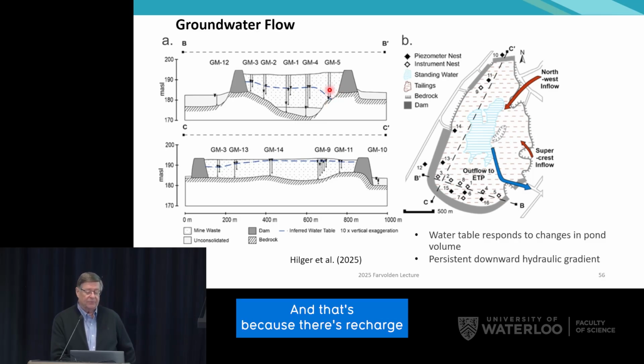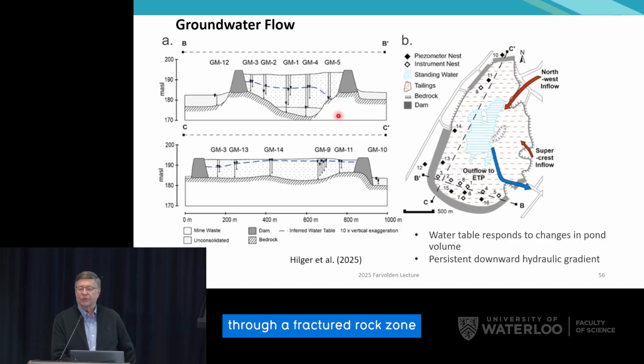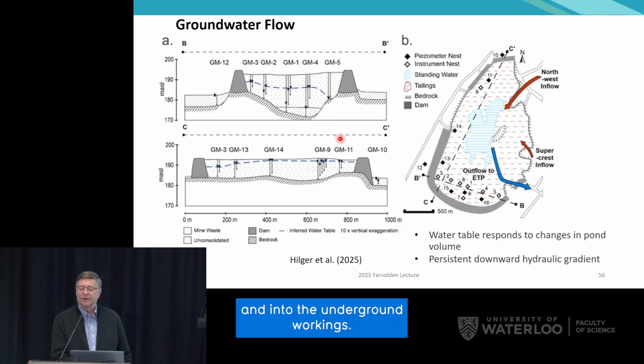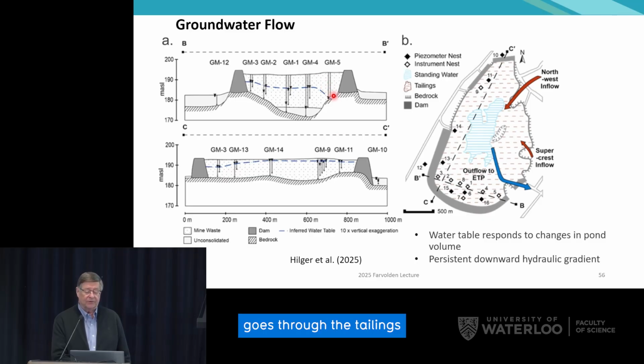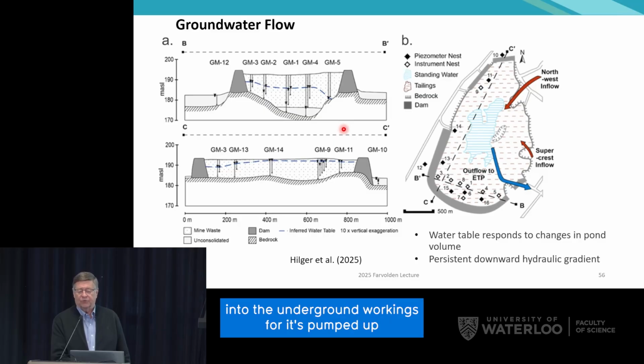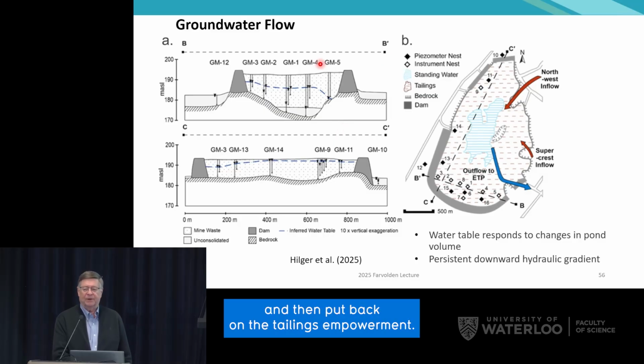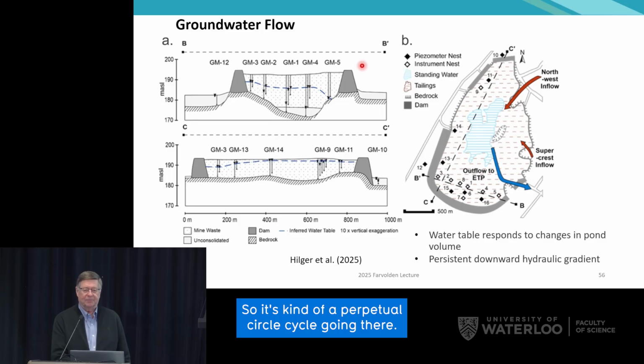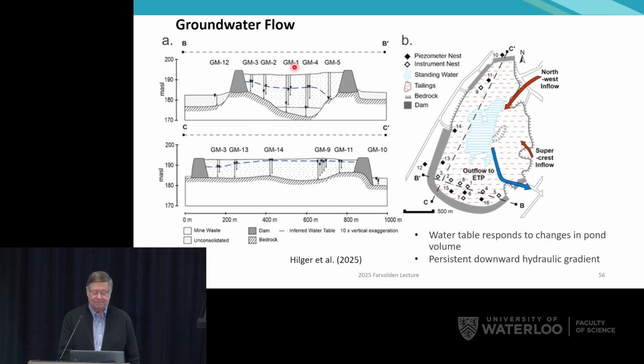And that's because there's recharge moving through the base of the impoundment, through a fractured rock zone and into the underground workings. So drainage water from the pond and the tailings goes through the tailings, into the fractured rock, and into the underground workings, where it's pumped up and then put back on the tailings impoundment. So there's kind of a perpetual cycle going there.